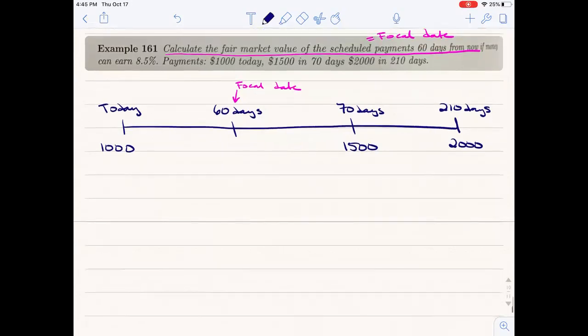We've got this $1,000, and it doesn't matter which arrow you draw first, as long as they're all going to 60 days. So this becomes a future value, because it's going forward. These other two are going backwards, so they're being drawn back to a principal amount.